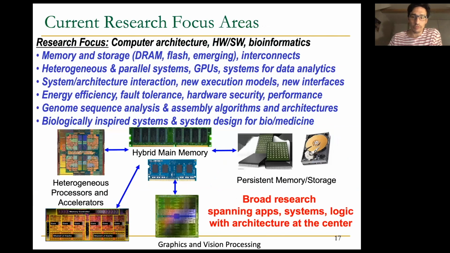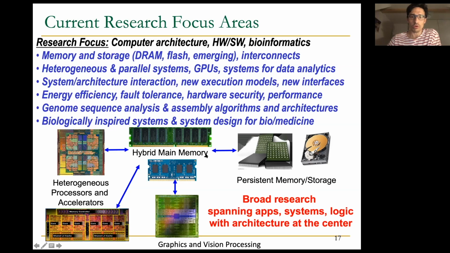And very quickly, just to introduce a little bit more about the research areas in the group. As I said before, we do research in computer architecture, hardware, software co-design, bioinformatics. Those are 3 main trends, but they are not the only things that we work on.